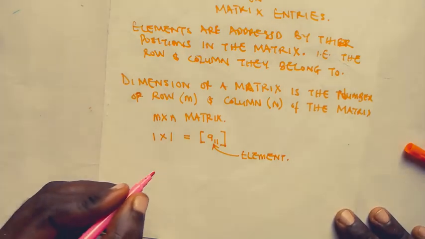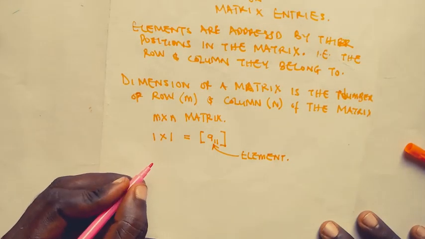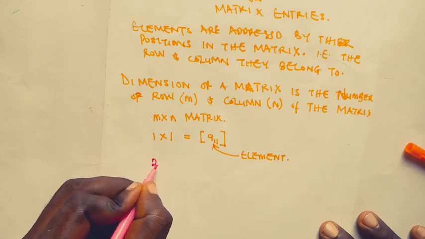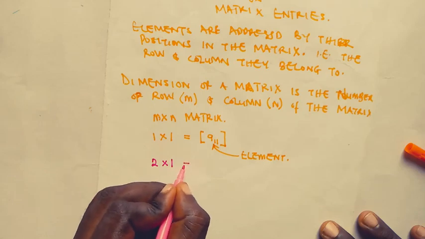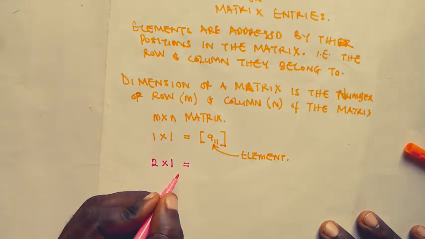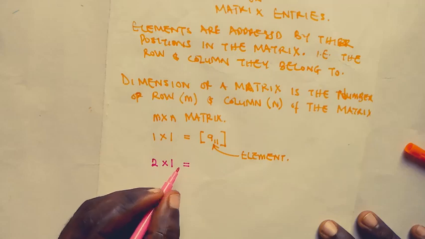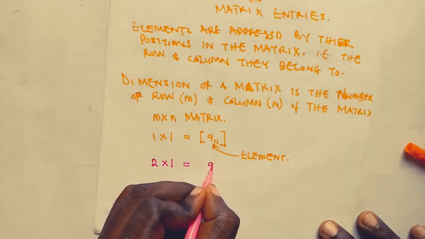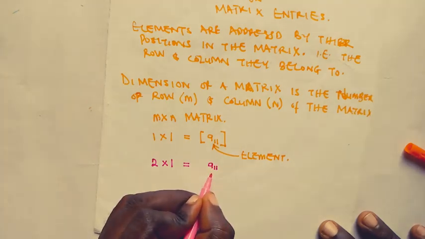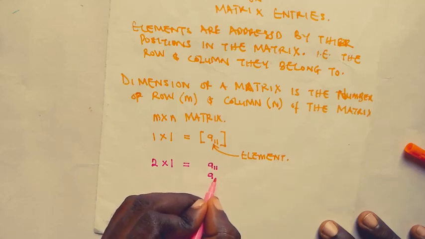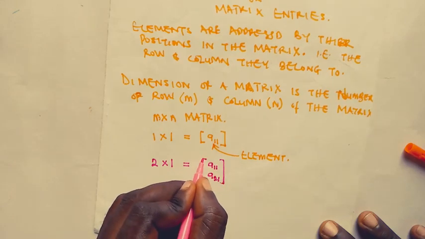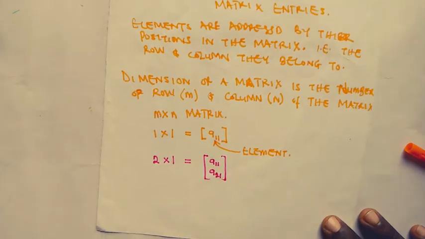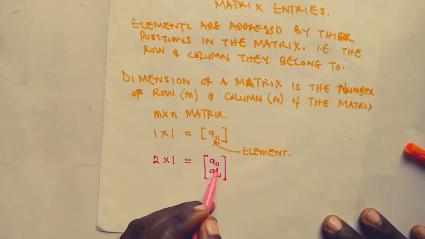Just one element. It is possible for a matrix to have two rows by one column. So we call it a 2 by 1 matrix. So it has two elements, two rows, A11 and A21. Notice there is a subscript that I'm using as an address for the element.